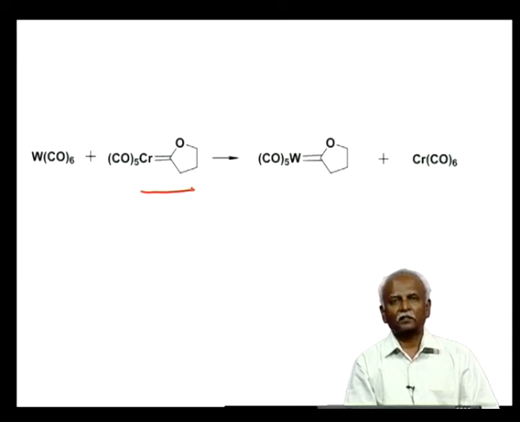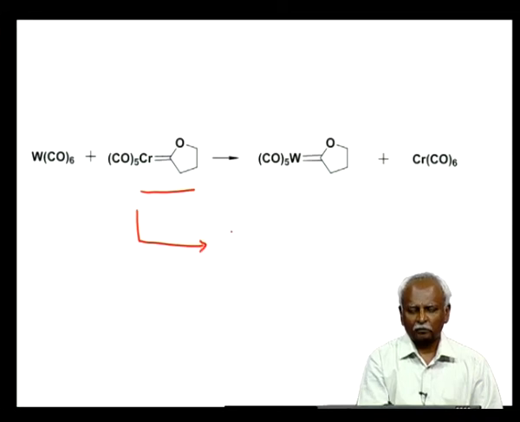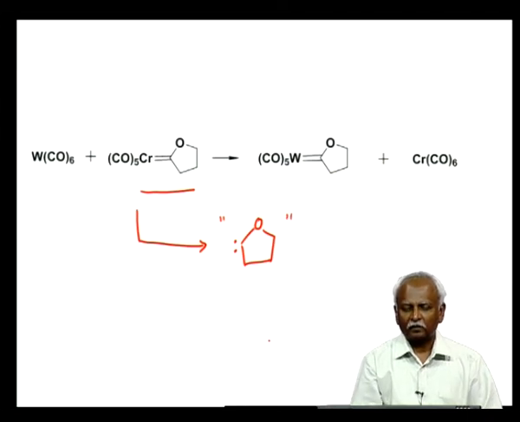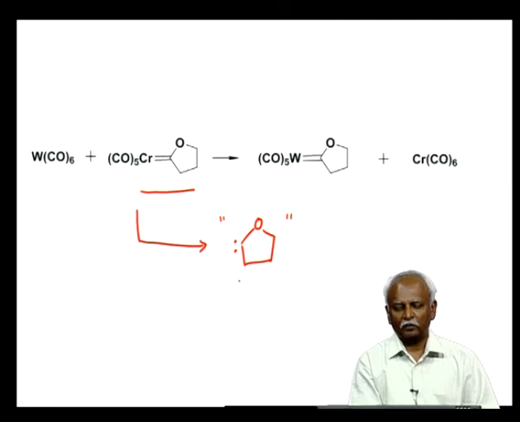Whether this reaction happens in a bimolecular fashion or whether there is an equilibrium between this system and the free carbene is not particularly clear, but nevertheless, it's clear that the final product is a tungsten which is coordinated to this carbene, which is also a Fischer carbene.